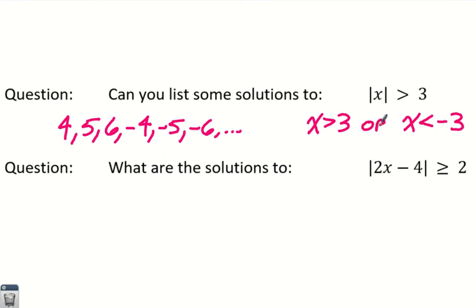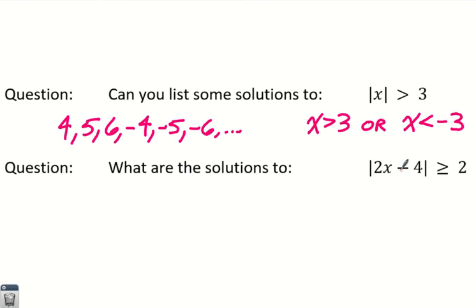And the word that fits here is or. You could be greater than 3 or less than negative 3. It's not like you have to be both at the same time. It's not hard to understand that the word and doesn't fit here, but the word or does. X is greater than 3 or x is less than negative 3. And that's your two cases with the word or.